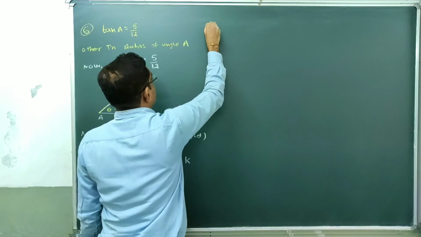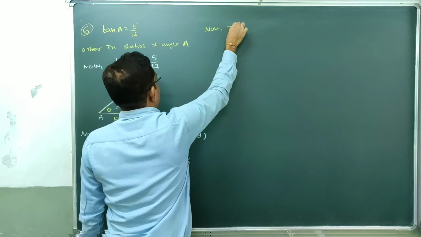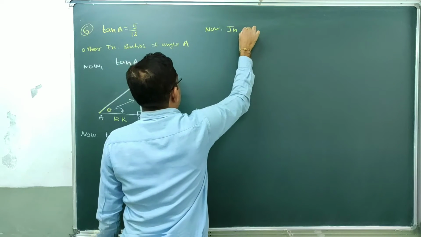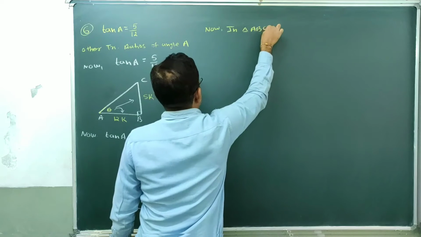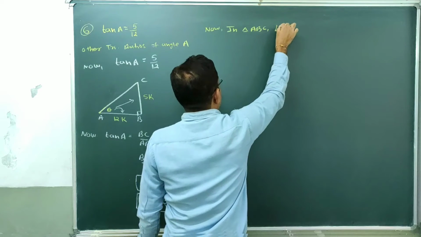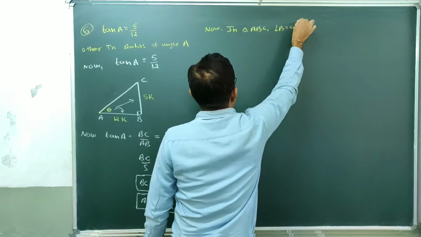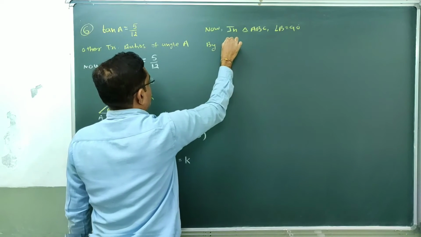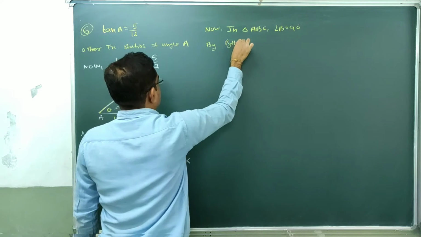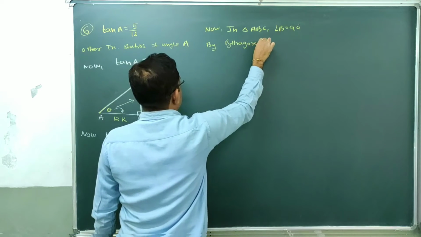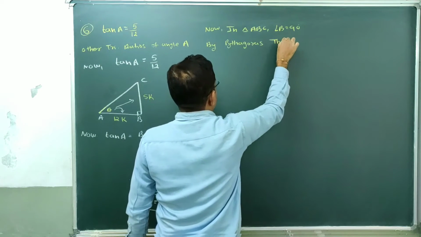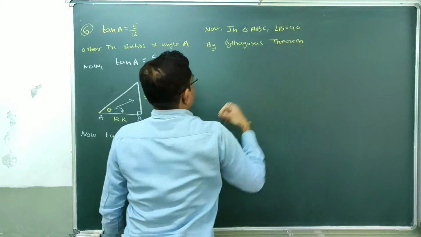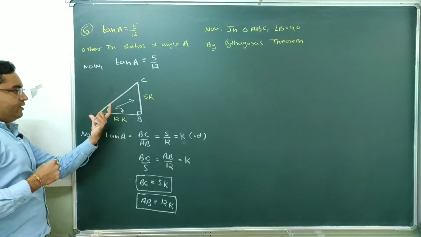So now we can say in triangle ABC, triangle ABC is right angle triangle in which angle B is 90 degree. So by Pythagoras theorem, applying Pythagoras theorem, we can find the length of this hypotenuse AC.